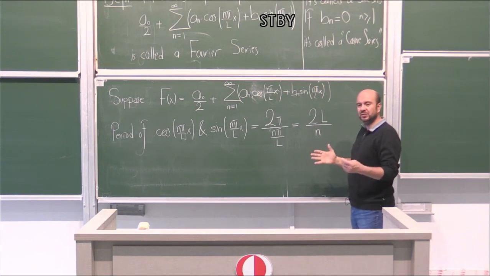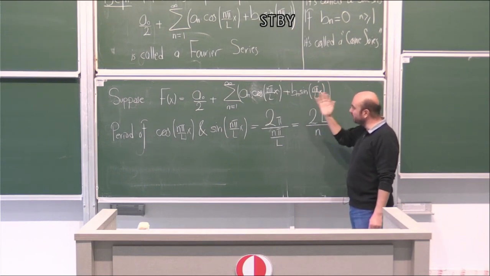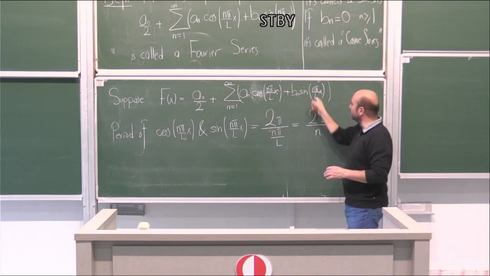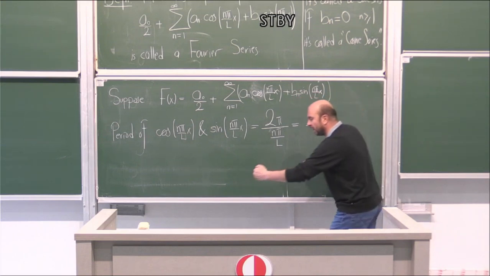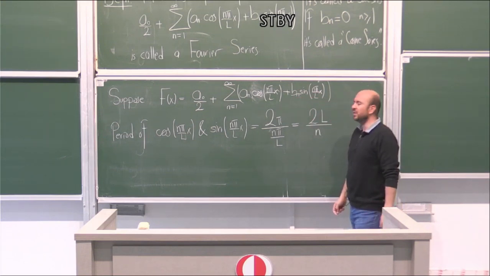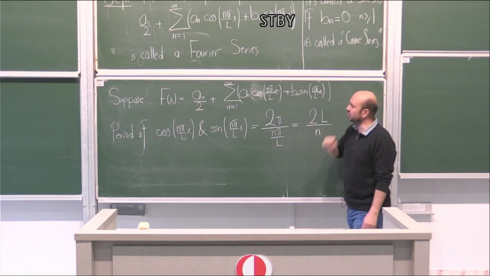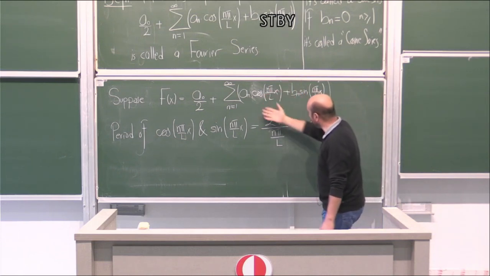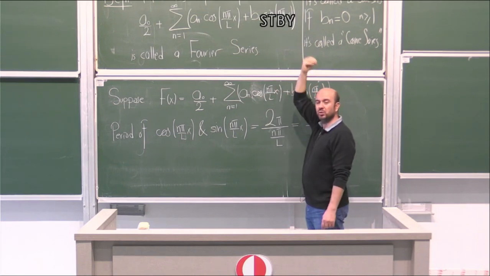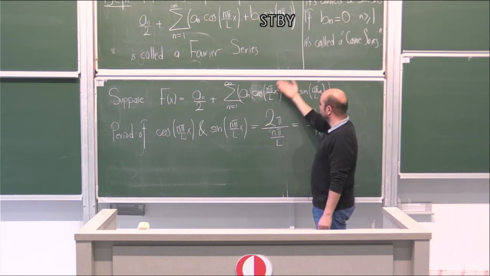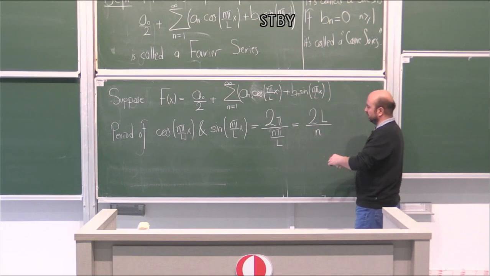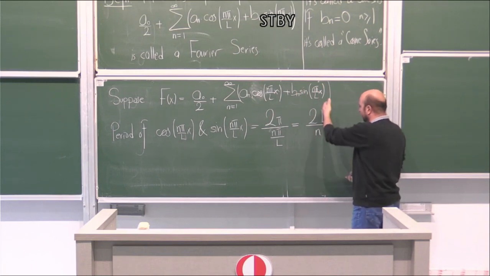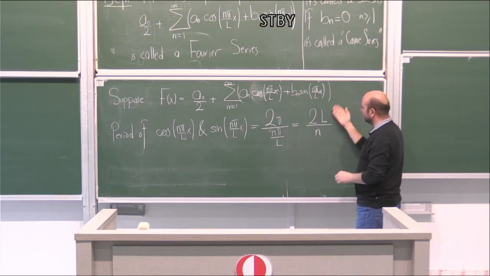But still, for every n here, if you shift by 2L, the result doesn't change. So that means all of them have a common period, which is 2L. Each has a period 2L over n, but there's a common period.